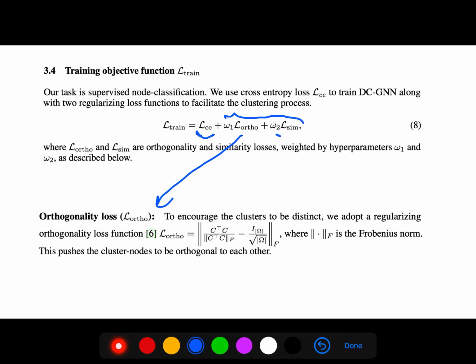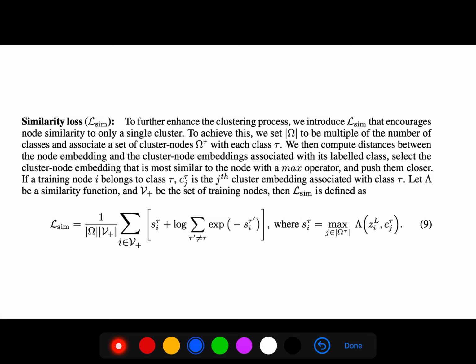And then the other one is the similarity loss, which encourages node similarity to only a single cluster. So we set this number to be a multiple of the number of classes and associate a set of cluster nodes within each class.